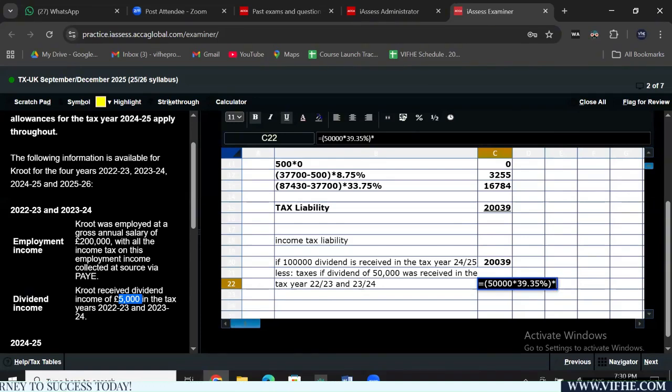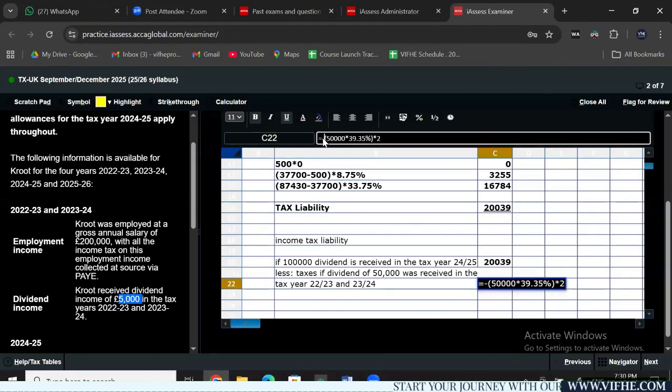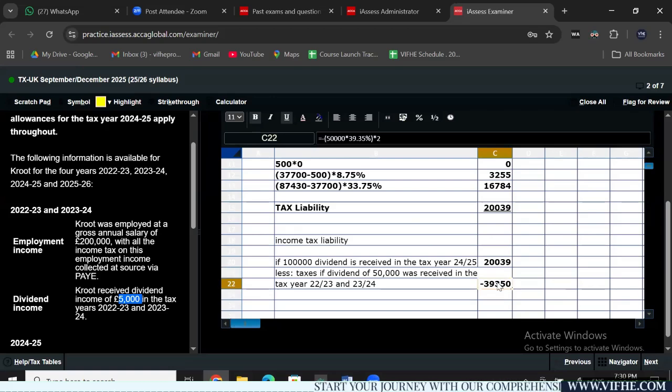So I'm going to multiply it by 2, as for both of the tax years this would have been the case. So how much tax liability altogether would they have had to bear? This is 39,350. This would be the tax liability payable had they received £50,000 in the tax year 22-23 and then in the tax year 23-24, which makes me believe that it was a very wise decision not to receive the dividend in the previous tax years, but rather to receive the whole amount together in the tax year 24-25, because that results in a much lower tax.